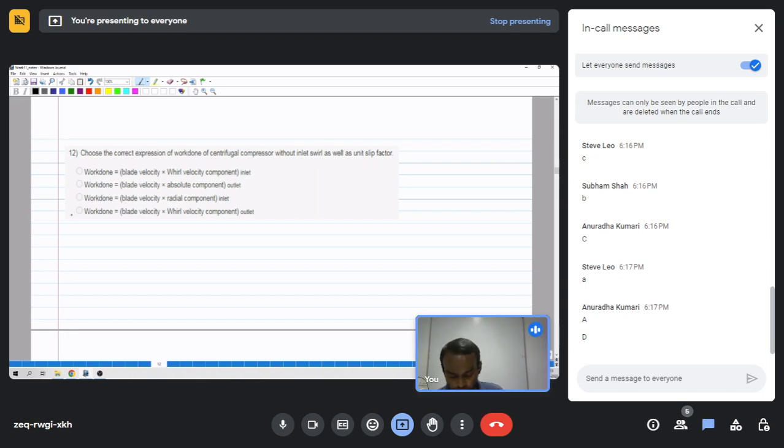Yeah, work done is blade velocity into the whirl velocity component at outlet, because we have seen that work done is equal to blade velocity into CW2 minus CW1. Here CW1 is 0 because there is no inlet swirl, so there is only the whirl component at the outlet.